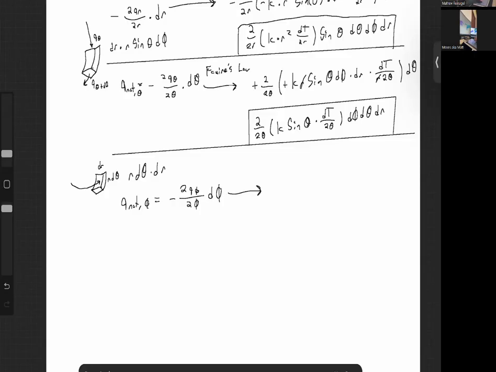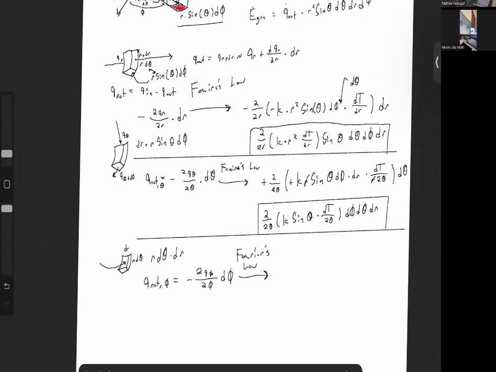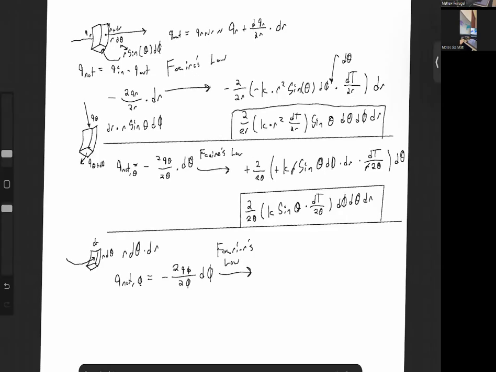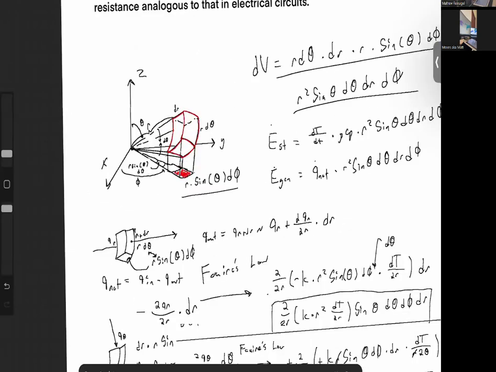So we're going to apply Fourier's law. Wasn't anything important, just making sure. So now we're going to apply Fourier's law to this. When we do, phi is in a unique situation where it is an arc length.